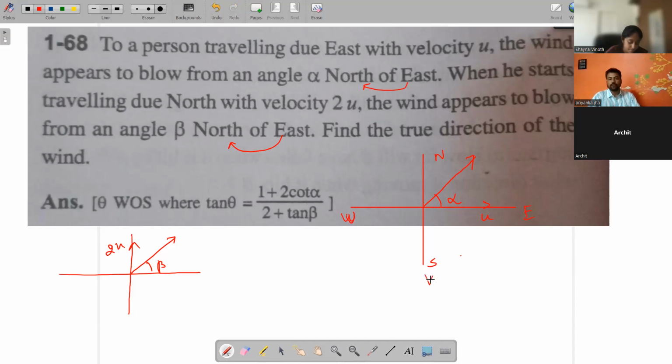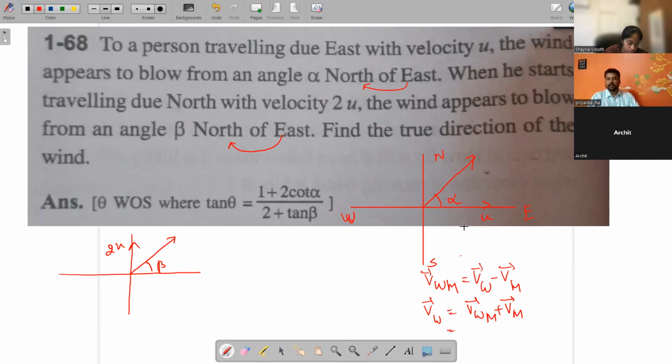See, velocity of wind with respect to man is velocity of wind minus velocity of man. So from here you can find velocity of wind is velocity of wind with respect to man plus velocity of man.